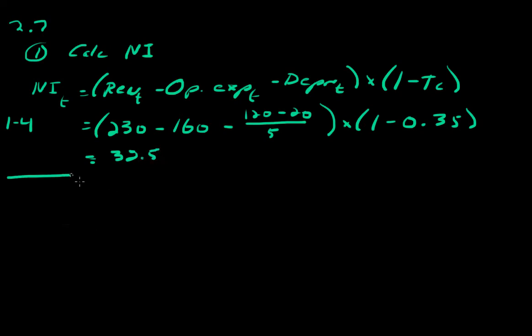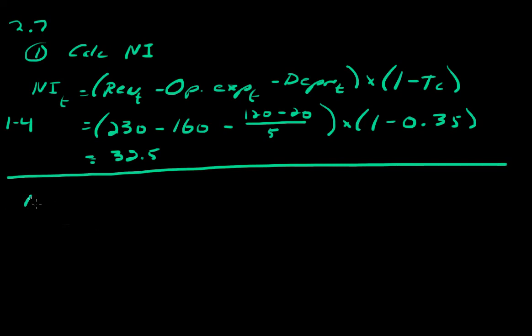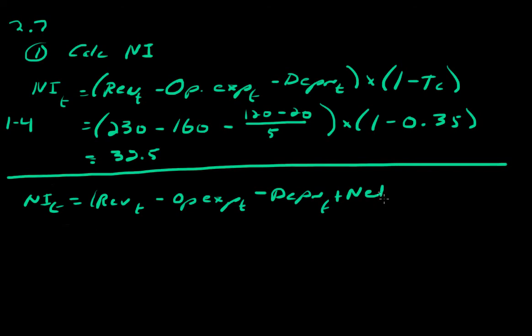In year 5, our net income is going to be slightly different because we have to get rid of the capital. We sell this ending book value of 20 that we need to get off our books. We're not told of any sale price, so we can assume a 0 sales price and calculate our net income. We'll use essentially the same formula with just the scrap item: revenue less operating expenses as before, and depreciation, but now we need to add our net scrap.